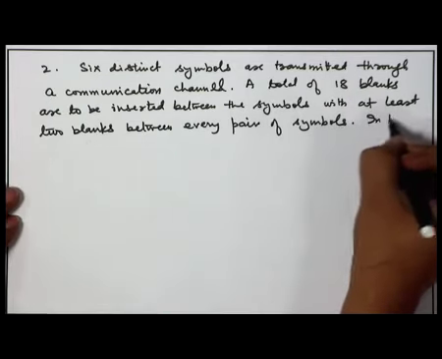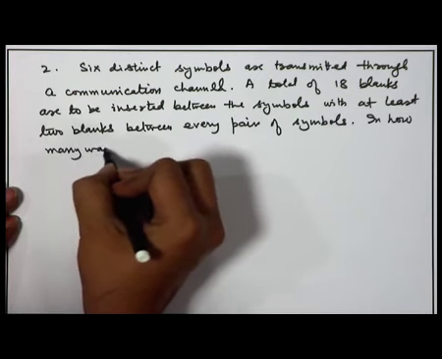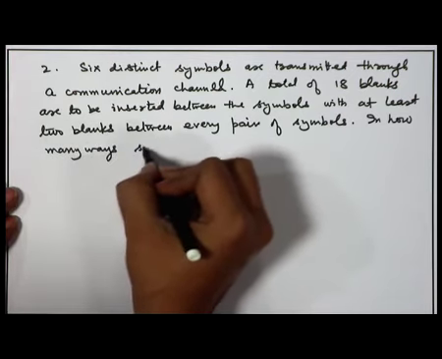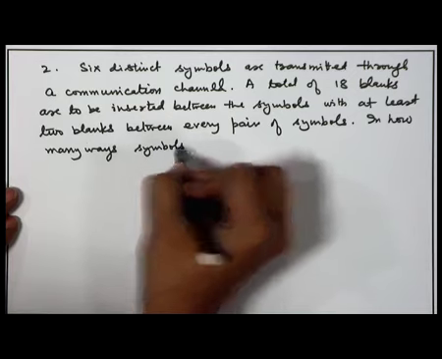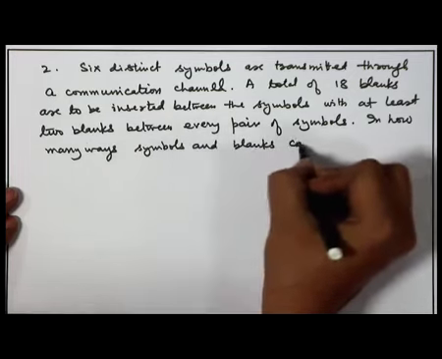In how many ways can symbols and blanks be arranged?